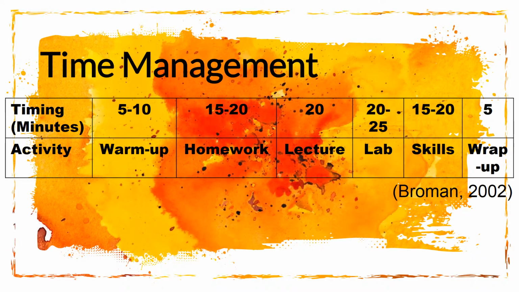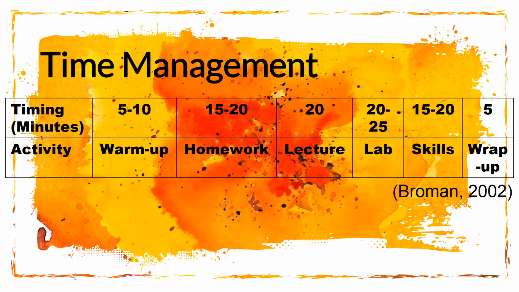Time management is key to smooth transitions within a class and to keep students on task and engaged. A teacher must write a timing plan that breaks up each activity and how much time it will take.